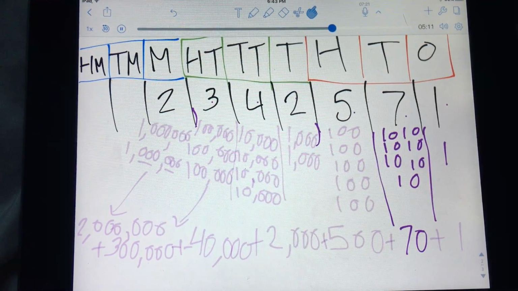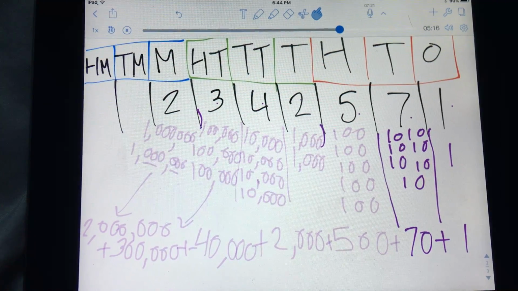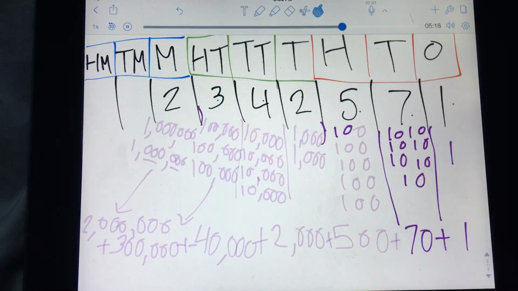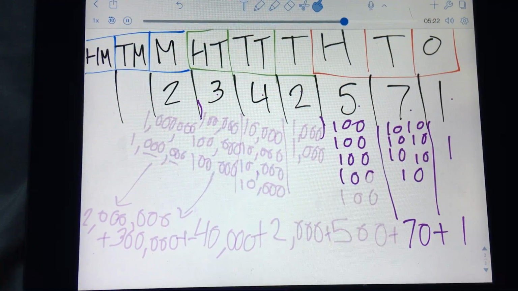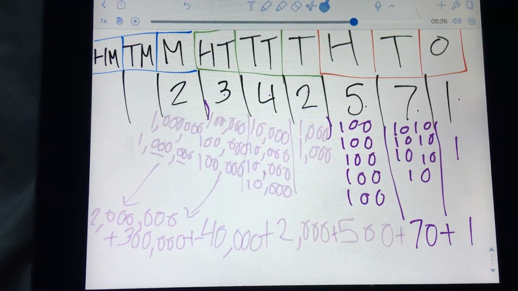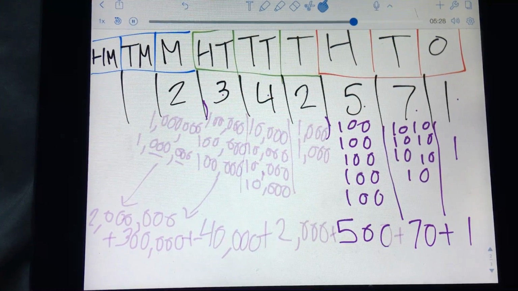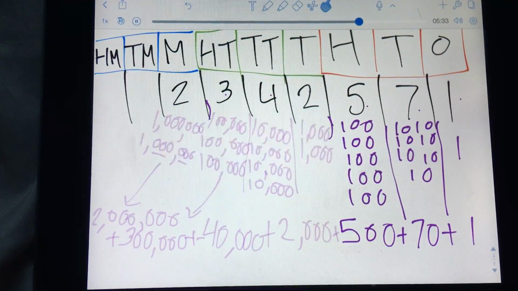Yeah, 70. So now I have my 5, but it's in the hundreds place. So I have 100 5 times. What's the value of 5 100s? You got it, 500.